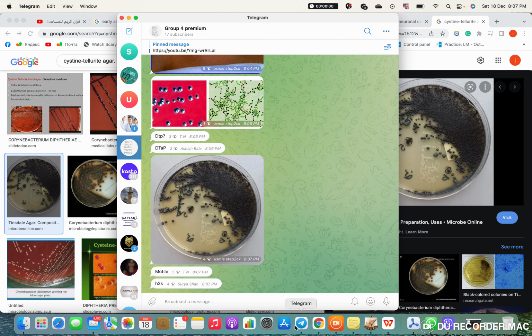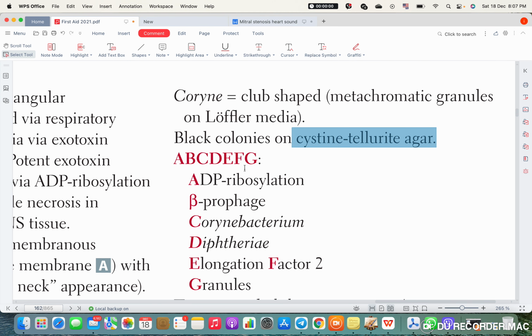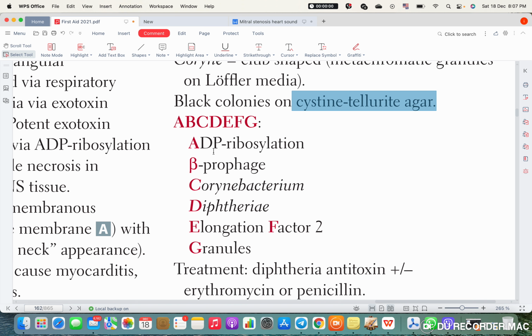Absolutely correct. Good. So A, B, C, D, E, F, G, which is the ADP ribosylation, which was important for inhibiting which process? Elongation factor 2, protein synthesis, translation basically. Beta prophage, which basically happens by which procedure?